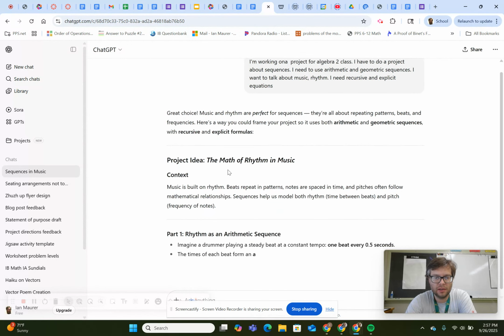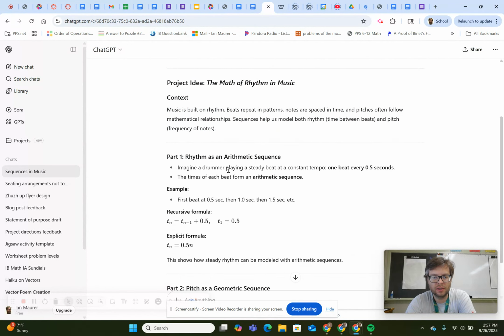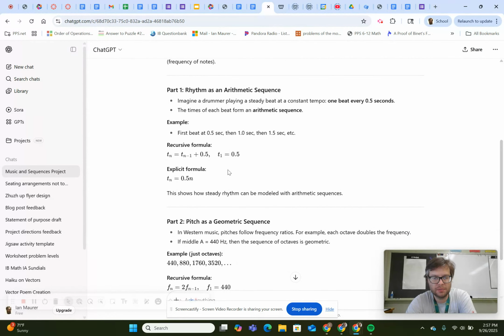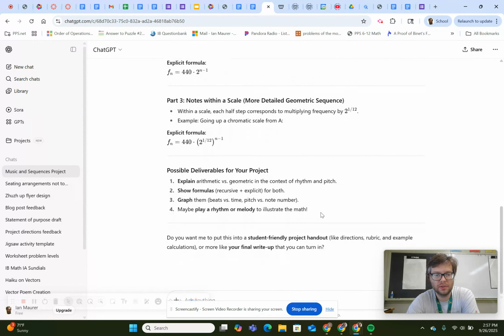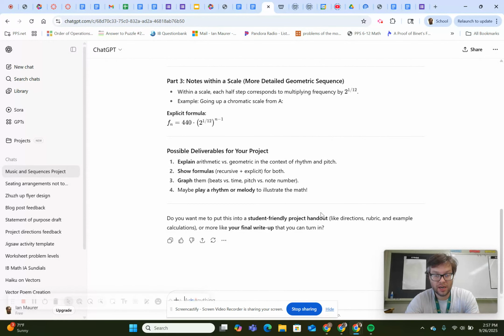Now, it gives me a lot of different stuff right here. It gives me recursive and explicit. It gives me a geometric sequence. It gives me notes within a thing. So you can keep going back and forth. You say, okay, I need a few tables and a few graphs too.